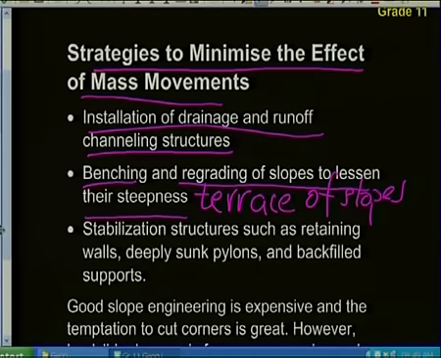Continuing further, the stabilization structures such as retaining walls, deeply sunk pylons, and backfill supports. What is encouraged, especially where communication networks like pylons, which carry huge amounts of electricity, should be underpinned at a greater depth in order to provide more stability of these structures.